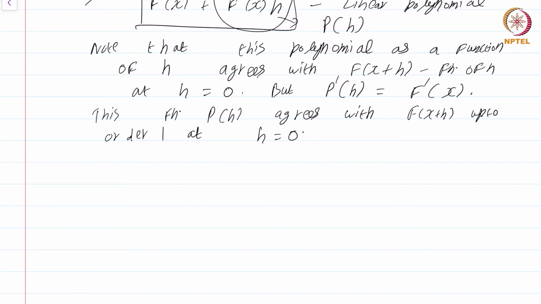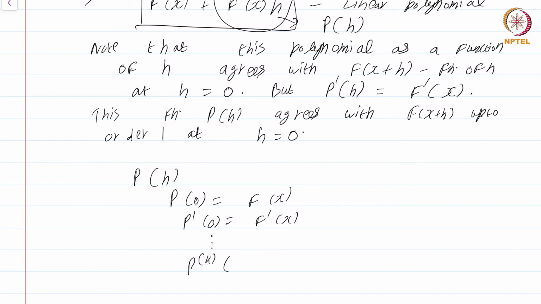What we want is a polynomial p of h with the property that p of 0 is f of x, p prime of 0 is f prime of x, dot dot dot, and the kth derivative of p at 0 is the kth derivative of f at x.